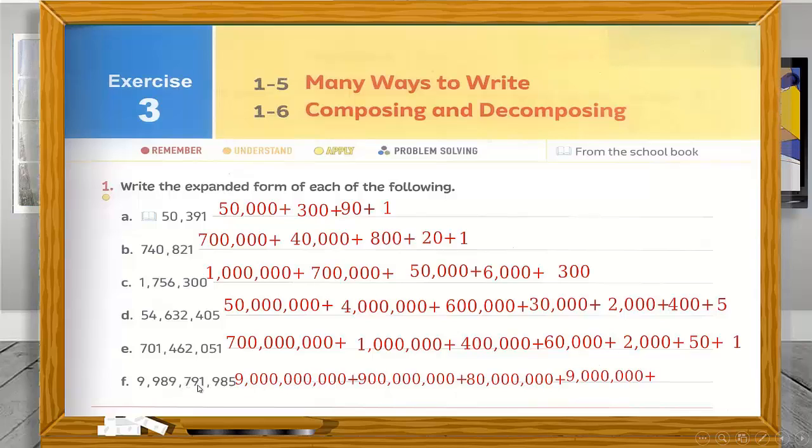Next period in thousands, write 700,000. 9 in 10,000, so write 90,000. 1 in 1,000's place, so write 1,000. And the last period we have 985.